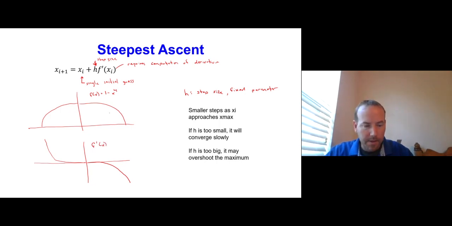Okay, so what will happen is if you start at some location x0, then the derivative is high right here. And so it'll take a big jump, and say it lands at this location x1.